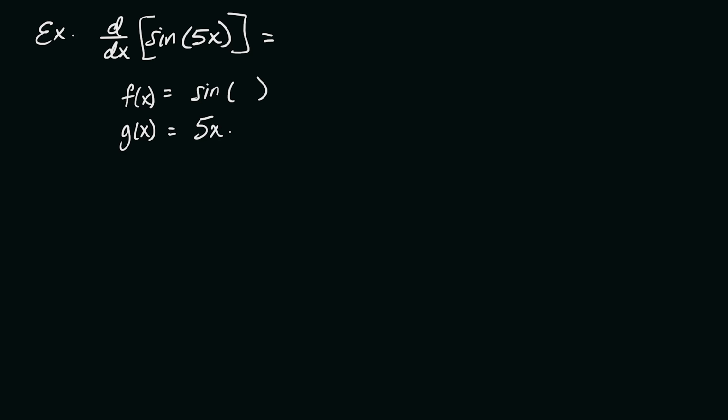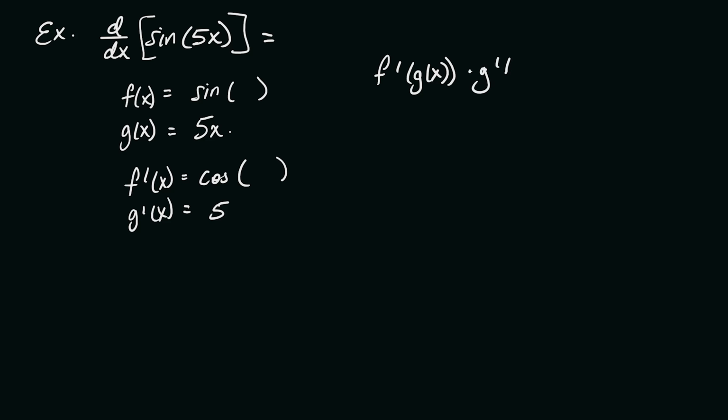Now, since we have to find the derivative, f prime of x: the derivative of sine is just cosine, so just cosine in the parentheses. And of course, g prime of x is just equal to 5, the derivative of 5x. And the base equation says f prime of g of x times g prime of x.